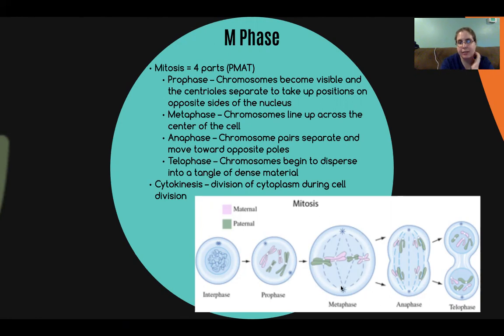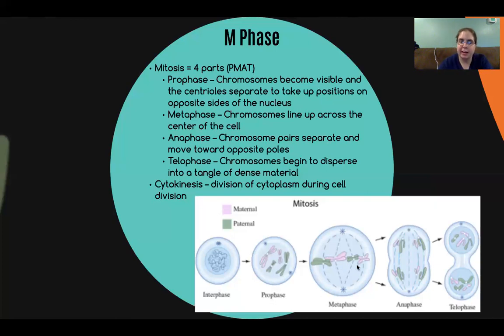Now here we have the next phase, which is metaphase. Those spindle fibers that were formed from the centrioles are going to attach to the chromosomes at the centromere, and then the spindle fibers are going to line the chromosomes up along the middle of the cell, as you see here.